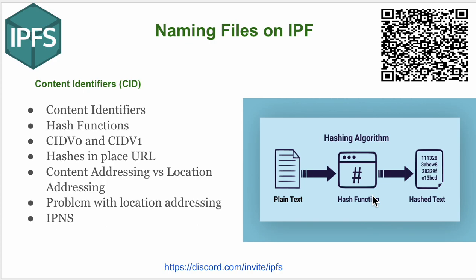Another thing about hashing is that you cannot get content from the hash value. So CID has two versions: CID version 0 and CID version 1. I think we're going to look at how they are different from each other.